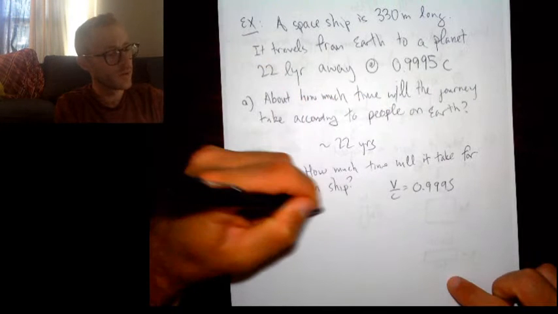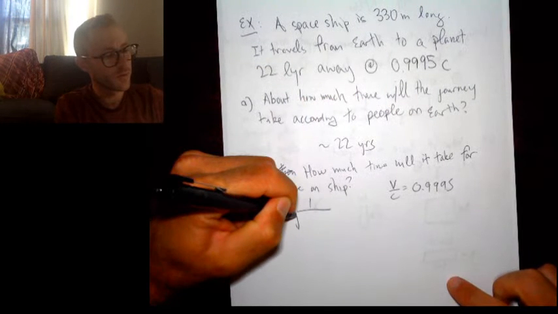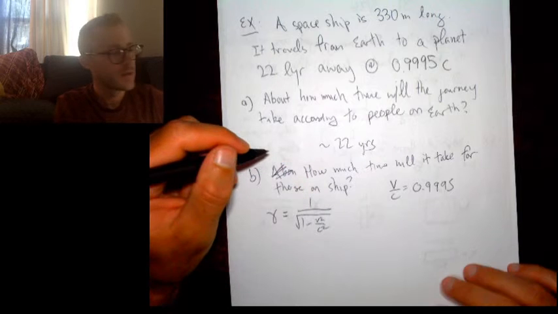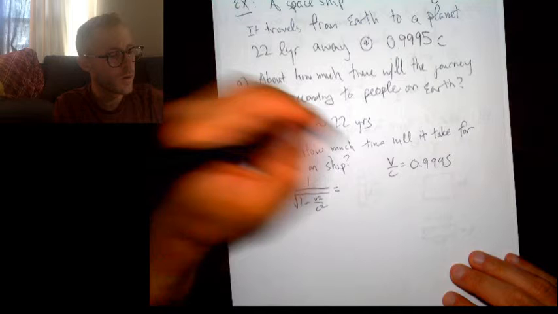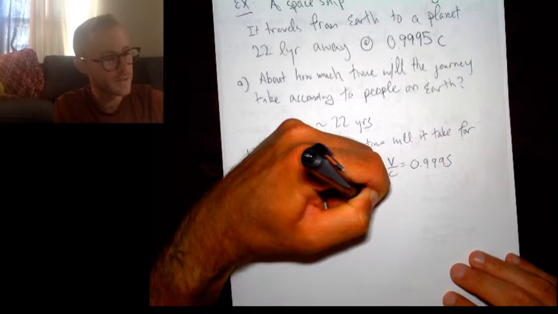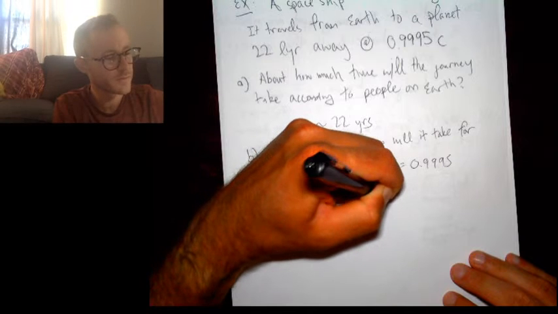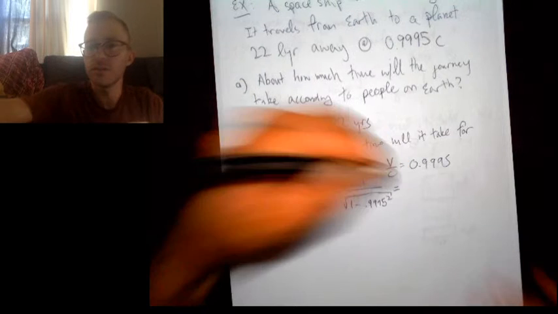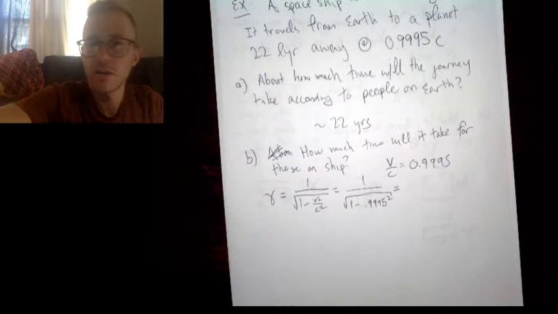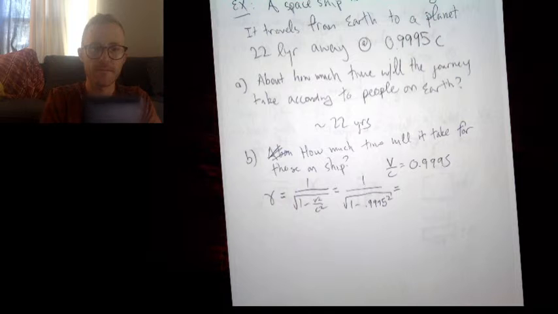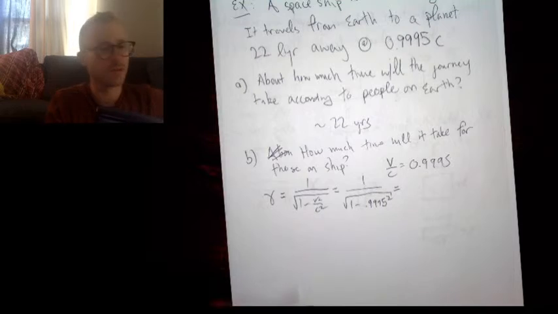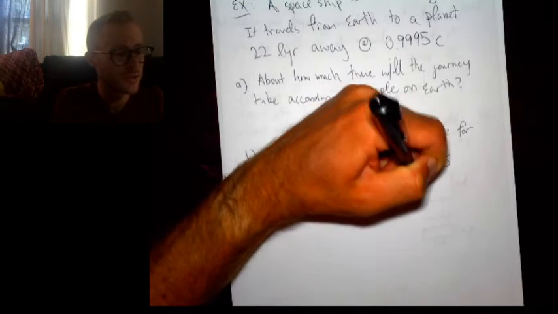So 1 over the square root of 1 minus v squared over c squared is going to be 1 over the square root of 1 minus 0.9995 squared, which is... So the relativistic gamma is 31.6.